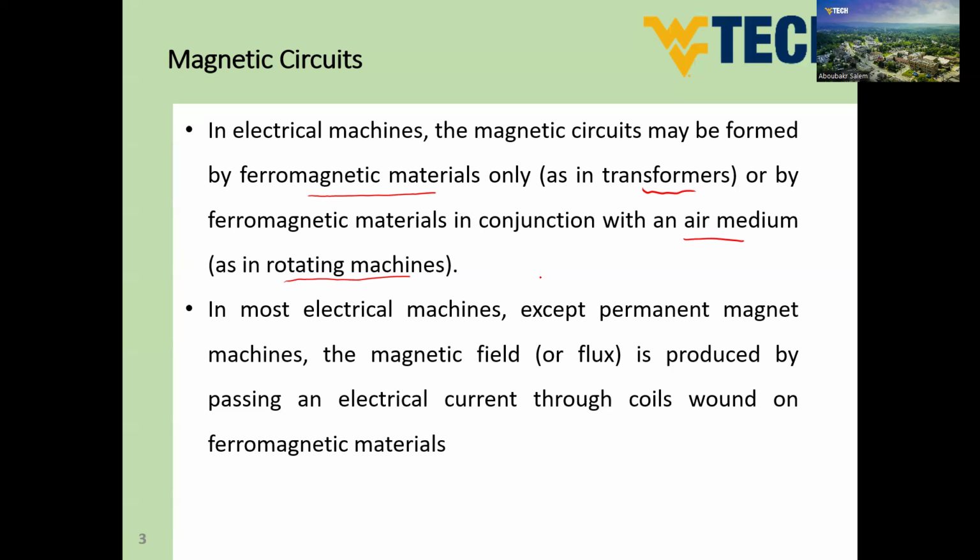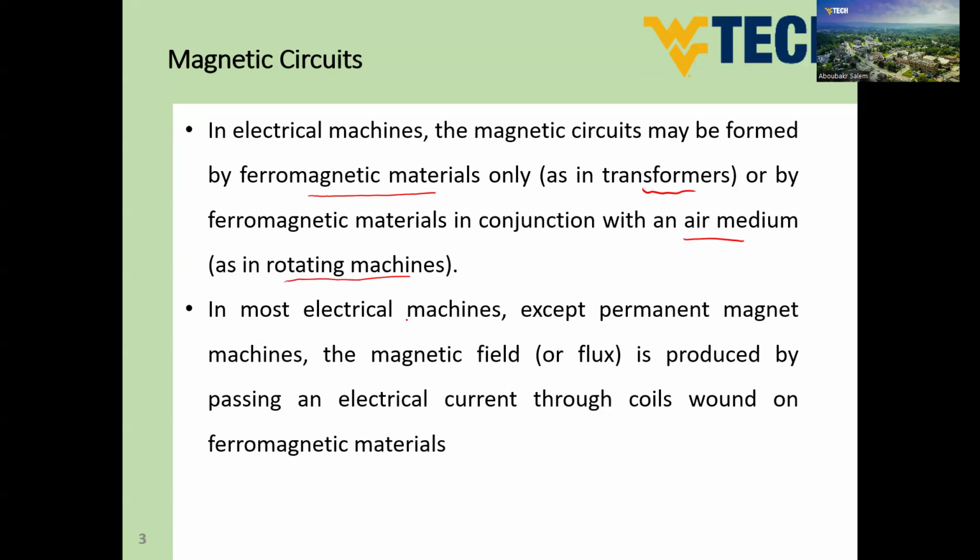The main application of these linear motors is in fast trains. So we use the linear induction motor and the linear synchronous motor in fast trains, and all of these motors are based on magnetic circuits. So this is, guys, how very important the magnetic circuit is and what its applications are.